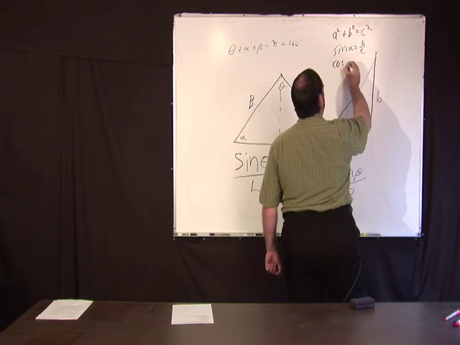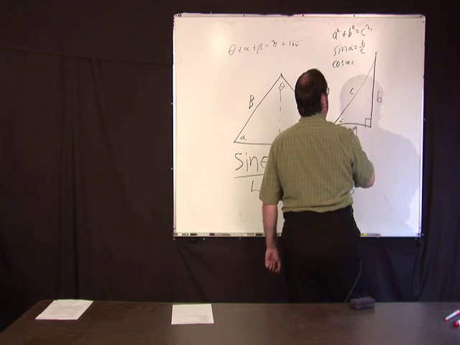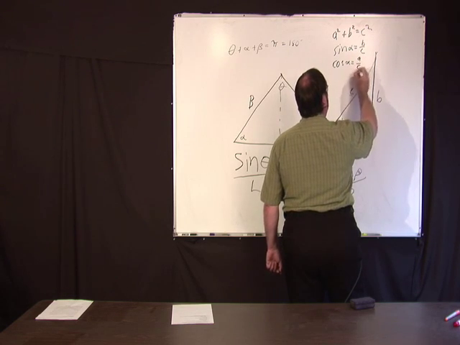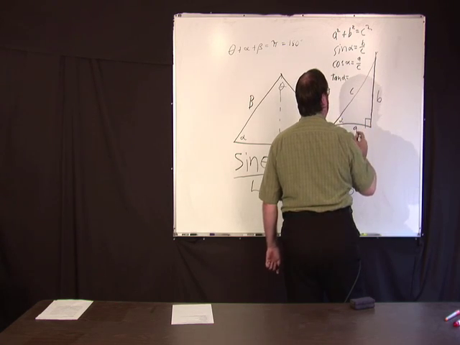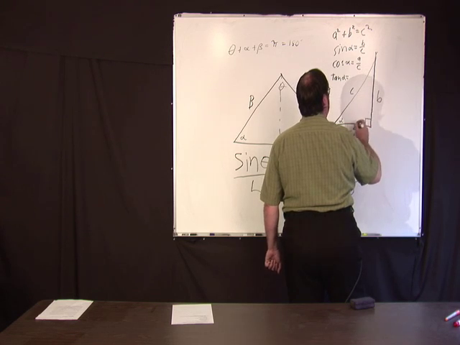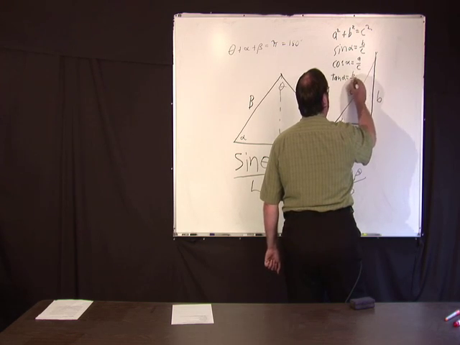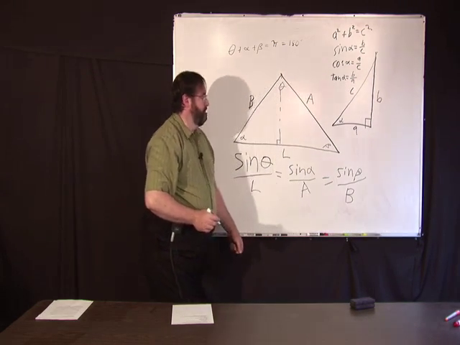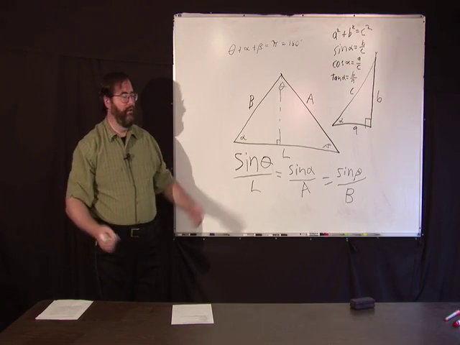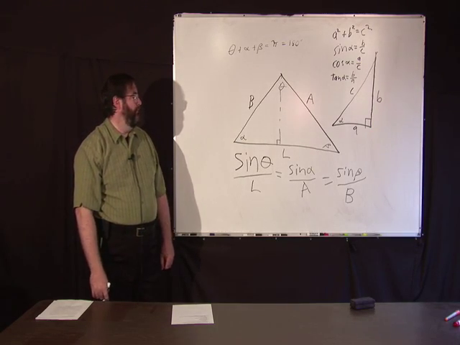Cosine alpha is equal to a over c, and tangent alpha equals b over a, which is sine divided by cosine. That's something you learn from basic geometry.